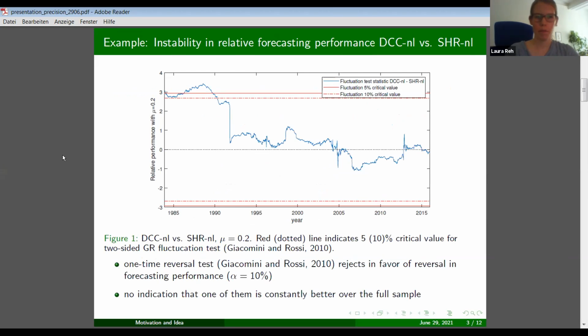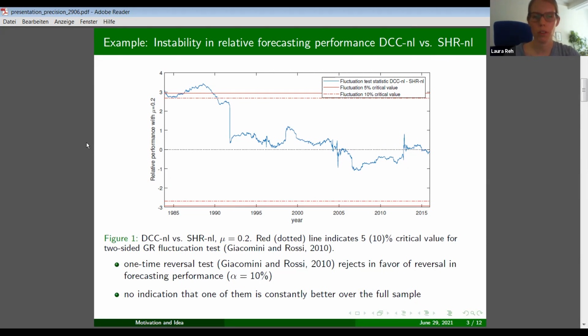Okay. When I talk about the high dimensionality, I come to my motivation from the empirical side for our adaptive Lasso approach that I'm going to introduce. Especially if we consider very long time horizons, here we see an out-of-sample period of 1980 to 2019, then it is very unlikely that two approaches have the same relative forecasting performance over this long time horizon.